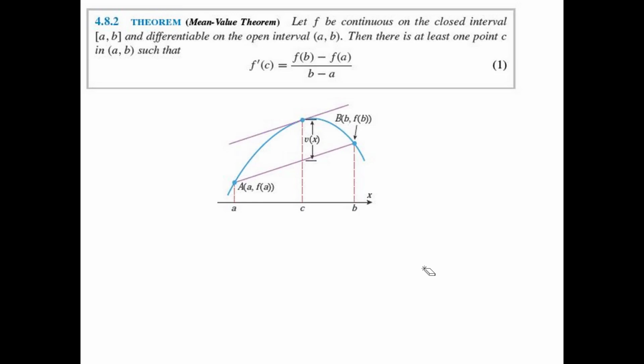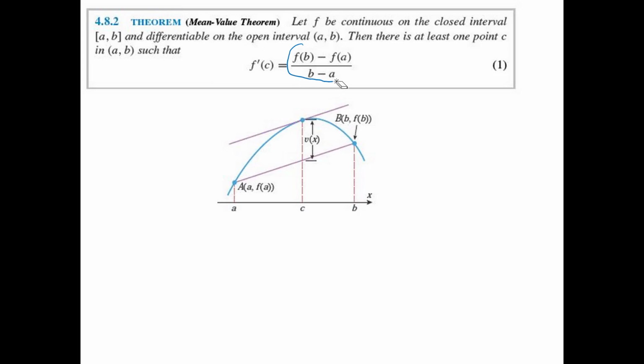Okay, so the mean value theorem says let f be continuous on the closed interval [a, b] and differentiable on the open interval (a, b), and then there is at least one point c in (a, b) such that f prime of c is equal to f of b minus f of a, all divided by b minus a. Right? So it has a very nice geometric interpretation.